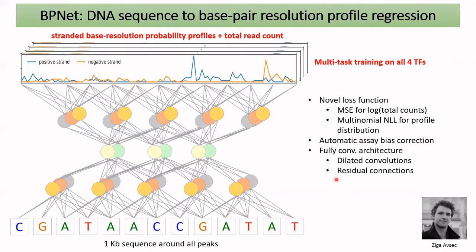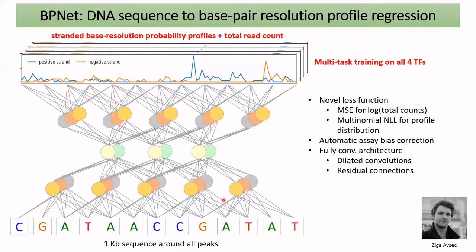For ATAC-seq and DNase-seq, you can imagine using Tn5 or DNase bias. Basically, we feed these bias tracks as auxiliary inputs to the final layer of the model, and the model learns to automatically regress out the effects of these bias tracks and then fit the residual to the sequence. So we don't have to do explicit bias correction. The model learns to do automatic bias correction.